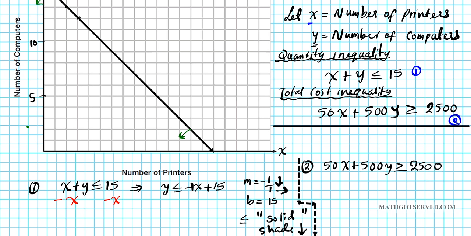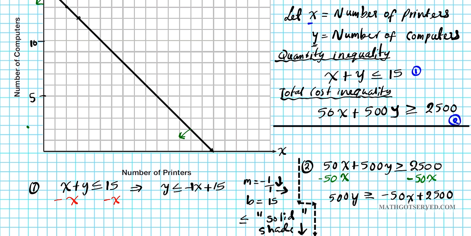To do that, we can do that in 2 steps. Move 50x to the right and divide by 500. Okay, so subtract 50x from both sides of your equation. That gives you 500y is greater than or equal to -50x plus 2500.